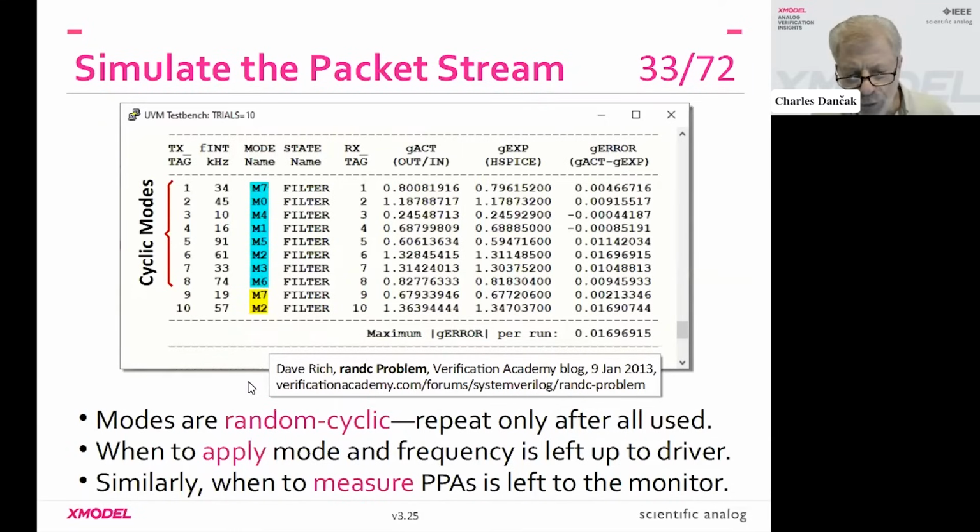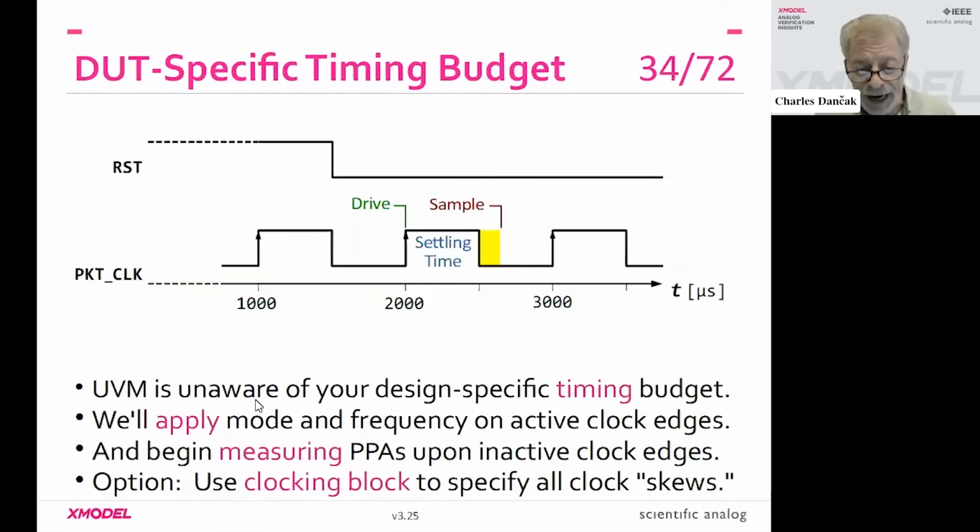As Dave suggested, we used a queue to ensure that, and a constraint. Otherwise, they'll repeat quite frequently. So all this is untimed. We leave it up to the driver and monitor to supply the actual timing.